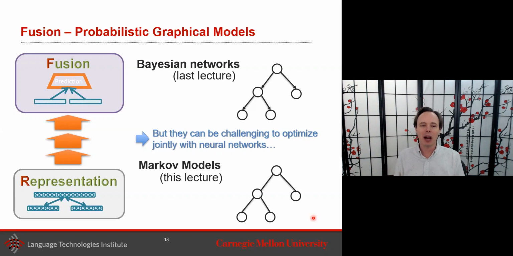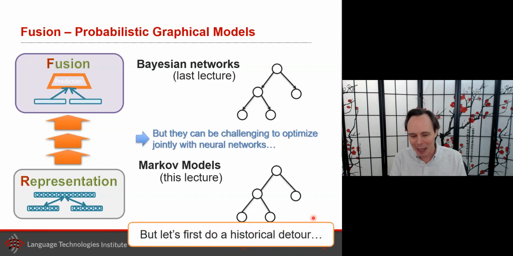And so I'd like to discuss them this lecture and give you examples that bring neural networks and Markov models together. To introduce Markov models, I will do a small historical detour, also because one of the first multimodal papers using neural networks was in fact using a model very similar to a Markov model, the restricted Boltzmann machine.